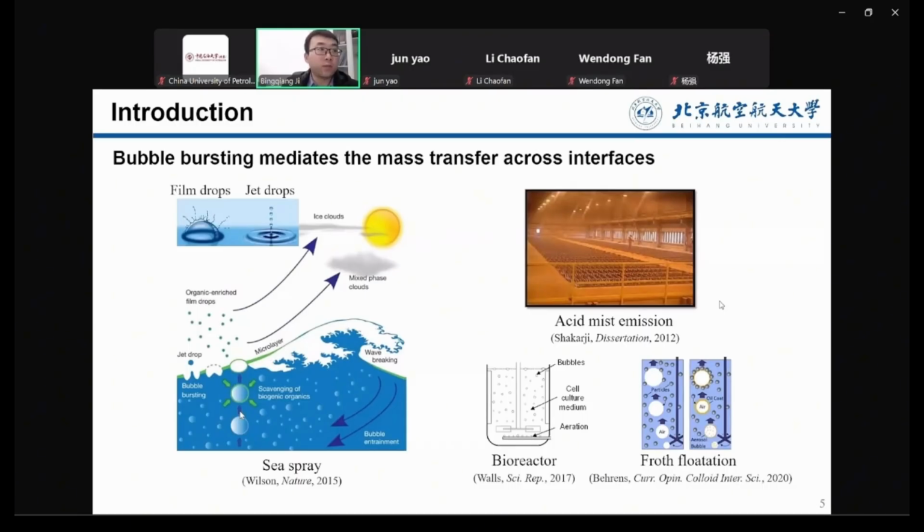In industry processes, bursting of bubbles in electrolyte emits acid mist and also other pollutants in liquids. This threatens human health and equipment safety.